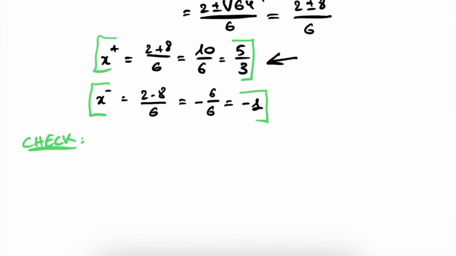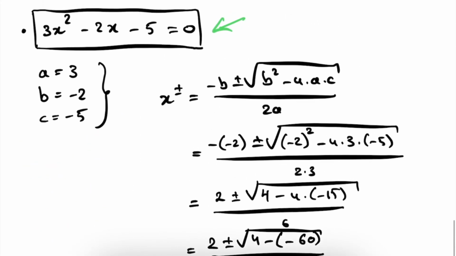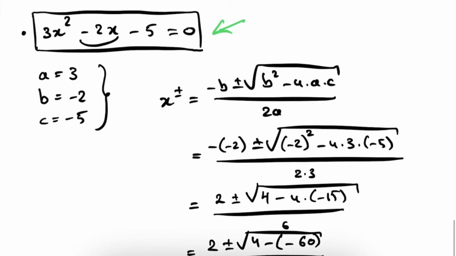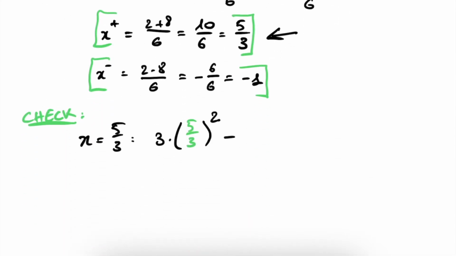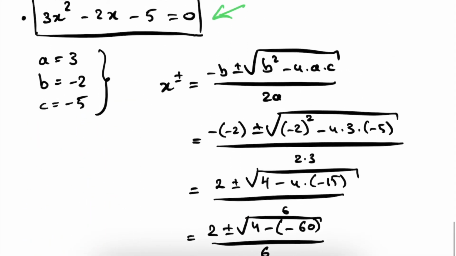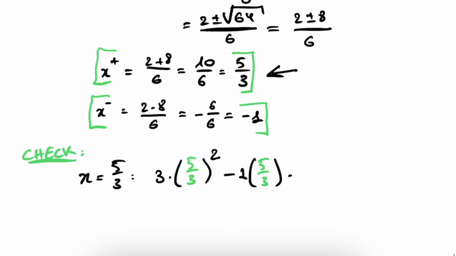And for this first check, we take that x is 5 divided by 3. So we get 3 times x squared, and x is 5 divided by 3. What was the term with the x? It's minus 2 times x, and x is just 5 divided by 3. Minus 5 should be equal, if we didn't make any mistakes, to 0.